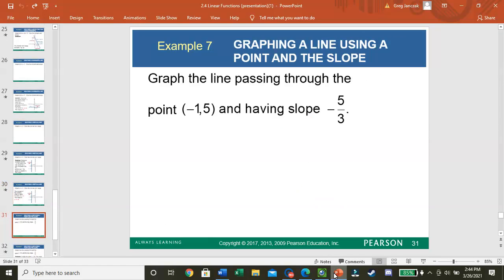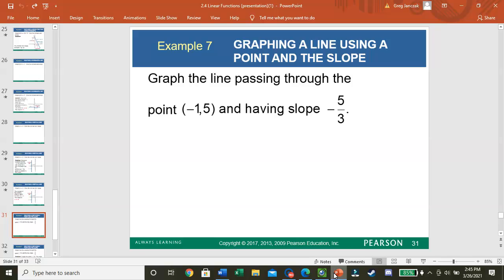Okay, we were given an equation, and we had to graph that. Now we're given a point at -1, 5, and a slope of -5/3.